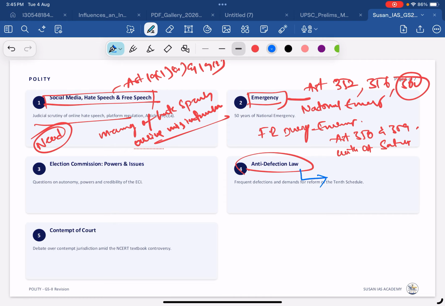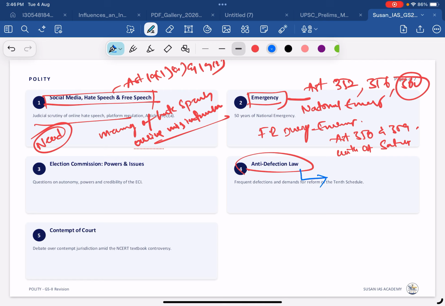And this anti-defection has been an issue in various states, and even in Delhi, over 11 to 12 Aam Aadmi Party MLAs have defected from AAP to BJP. They have merged their party into BJP. So defection has been an issue over decades. This topic has been a favorite topic of UPSC in the last 10 to 15 years. And recently the defections are high. Many articles were published in newspapers, and a lot of news was circulating.